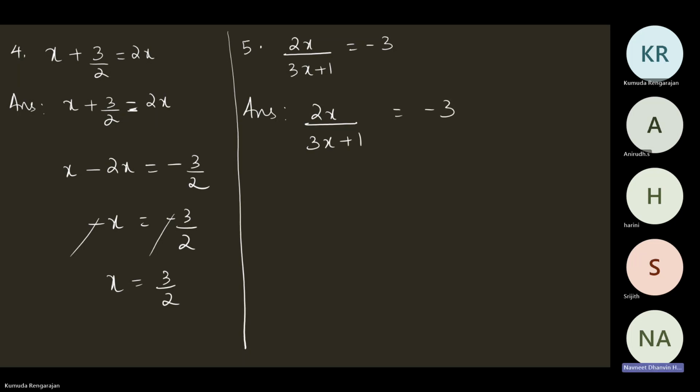Ma'am, 3, because 1, 3x, 2x, then 2x divided by 3x plus 1. No, then 1 is also a term. Oh, 3x plus 1 is also a term. Ma'am, actually 2. Ma'am, there are 2 terms.